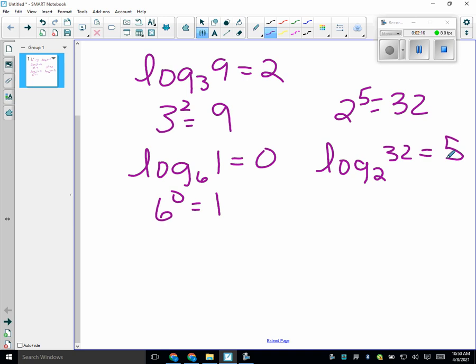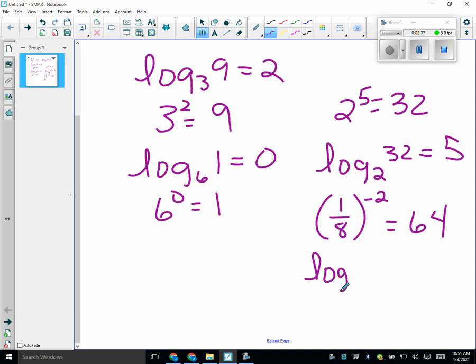All right? Everybody okay with that? So what if I have 1/8 to the negative 2 is 64. What would it be?